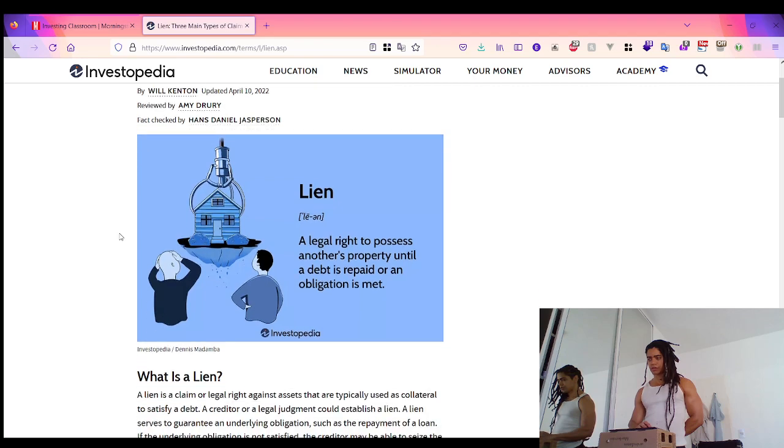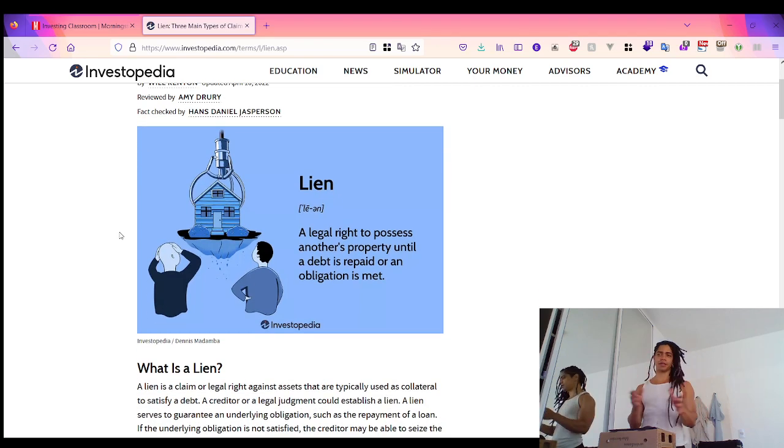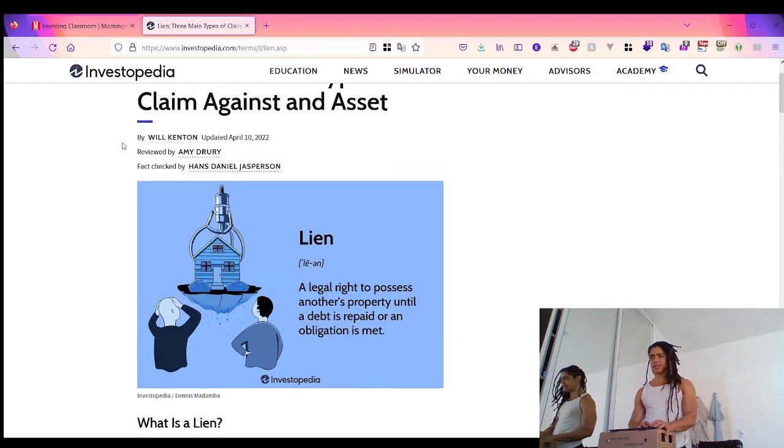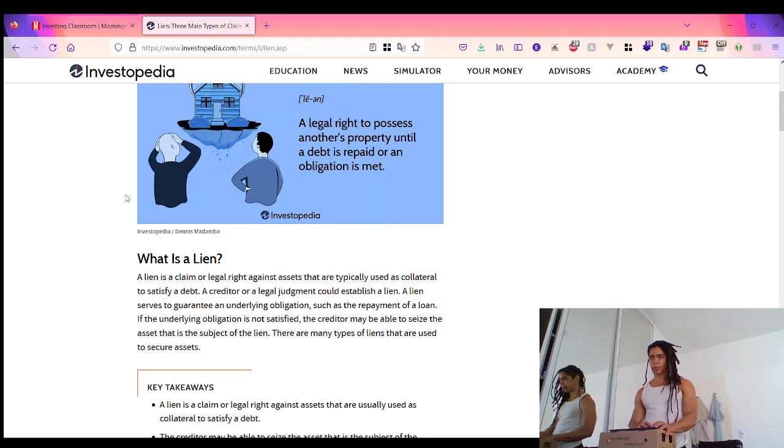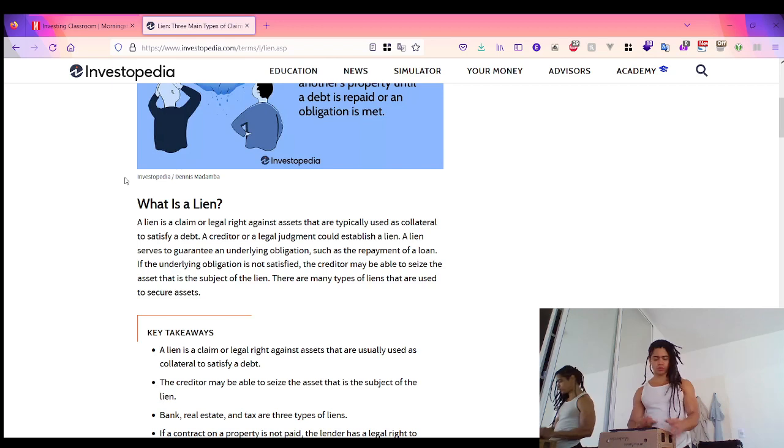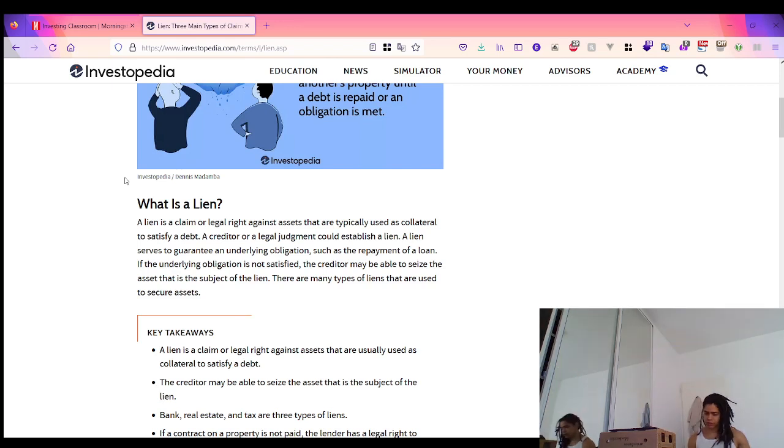So what I can summarize here is about lien and the definition of lien. A lien, or gravamen.